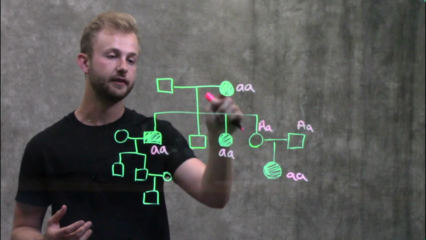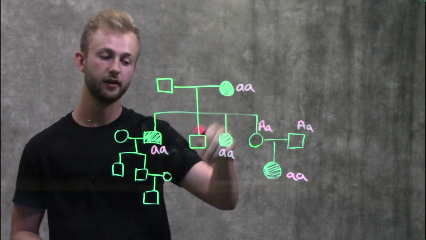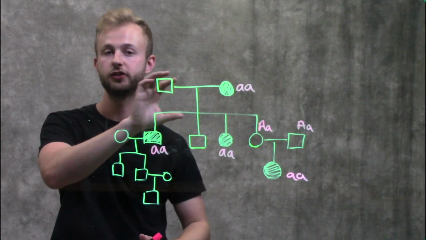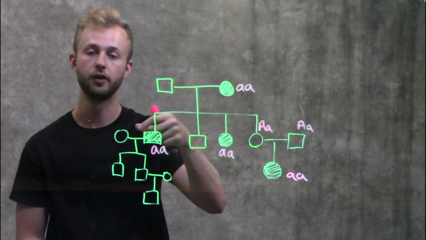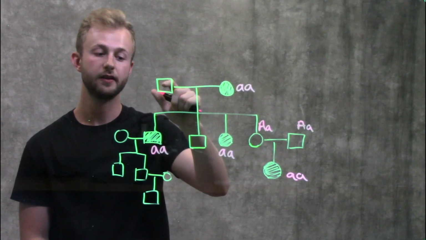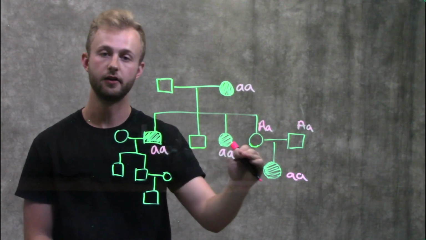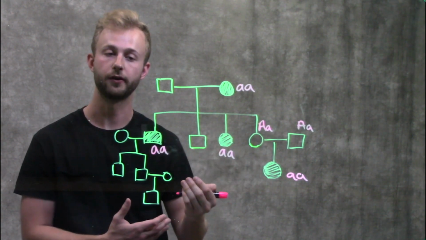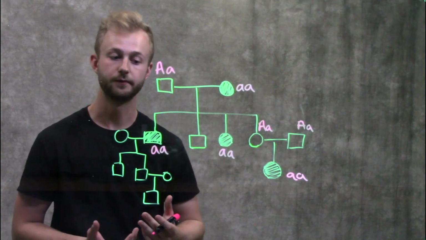Looking at this first group of people, we have one homozygous recessive parent, and then we have one parent whose genotype we're not sure of yet. We know that this individual cannot be homozygous dominant, because if they were, then every child would receive a dominant allele from the father, and none of the children would have this disorder. So that means that this parent has to be a carrier as well.